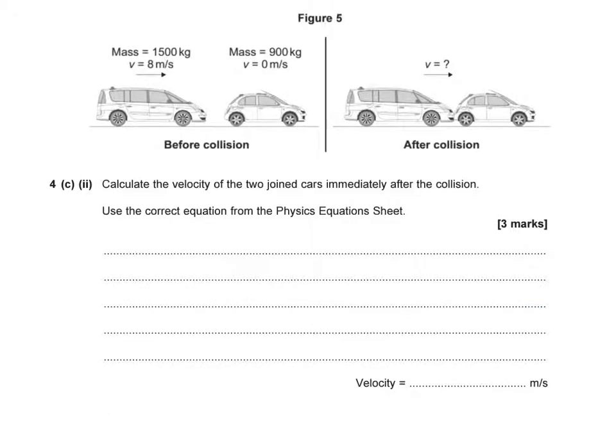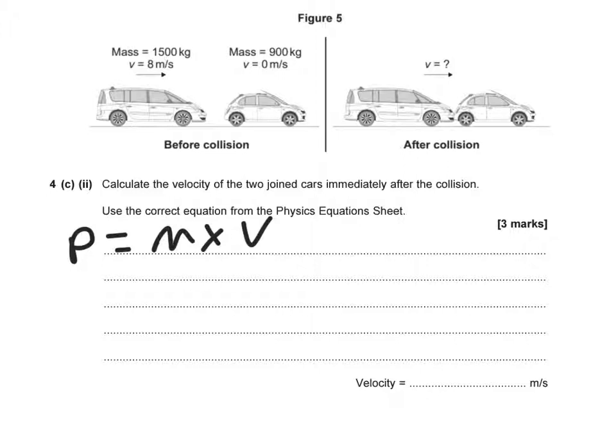In C part 2, it asks you to calculate the velocity of the 2 joined cars immediately after the collision using the correct equation from the physics equation sheet. So beforehand it's kind of given us a clue that we're talking about momentum. If you go to the equation sheet, you'll see that momentum is equal to mass times velocity. We don't have the velocity afterwards, which is what we're trying to find out, and we don't have the momentum afterwards, but we do have the mass.